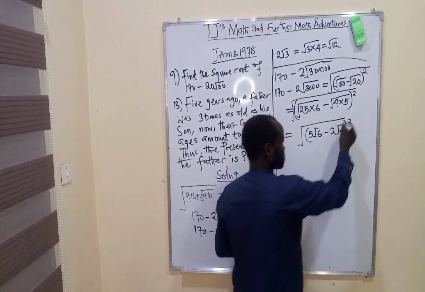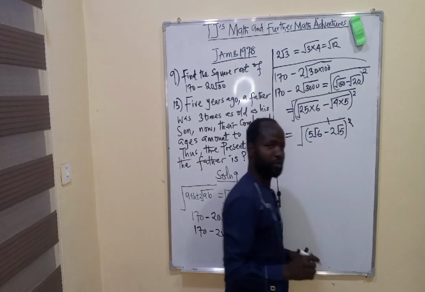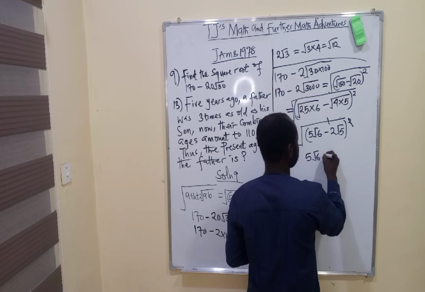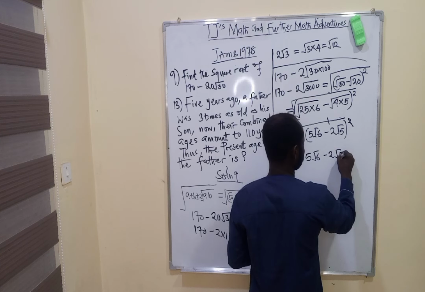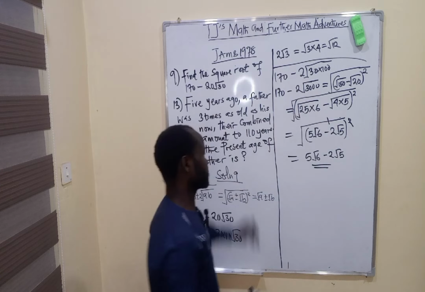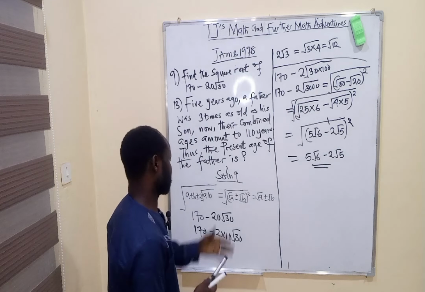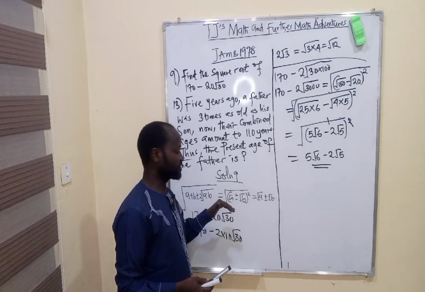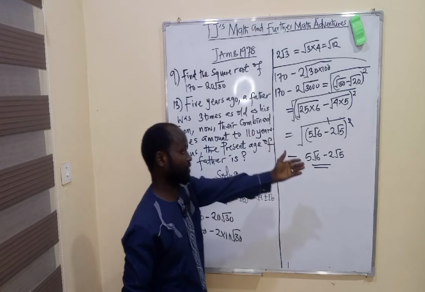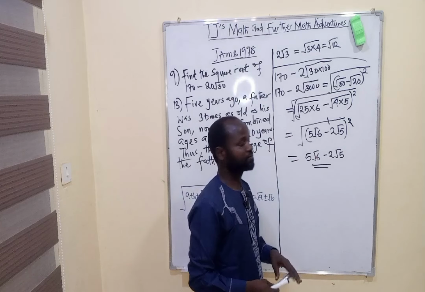And you can realize that this square will take care of this square root here. Finally, we'll be left with 5 root 6 minus 2 root 5. So this will be the answer to this first question, using the simplest method. We can use the traditional method to solve this as well, and definitely we will arrive at this answer.